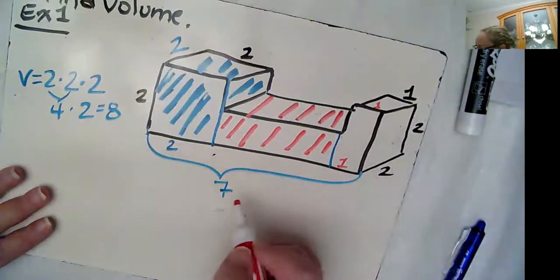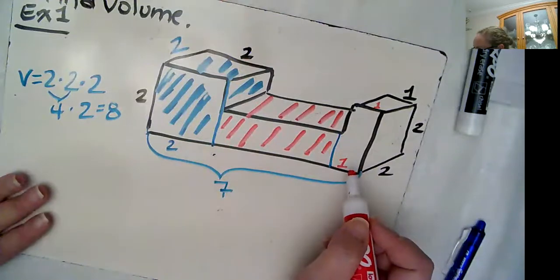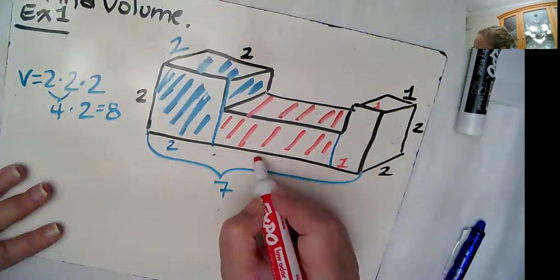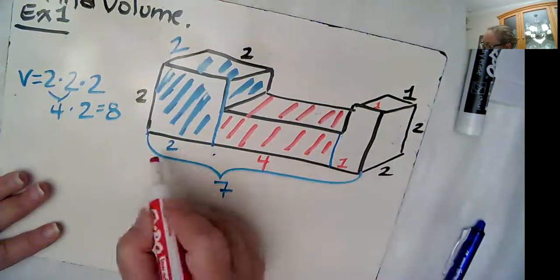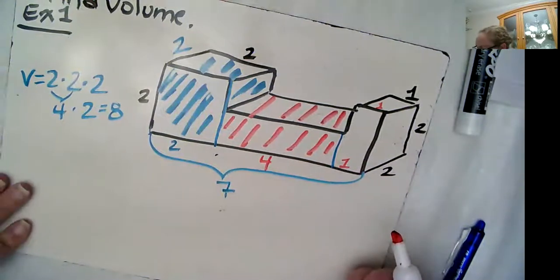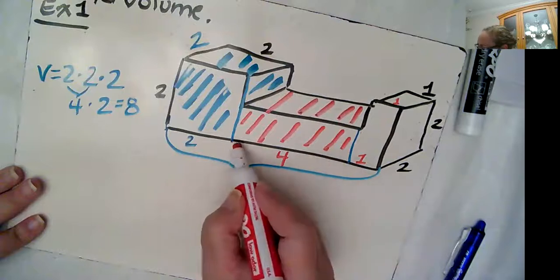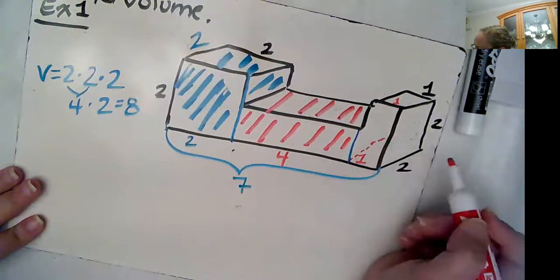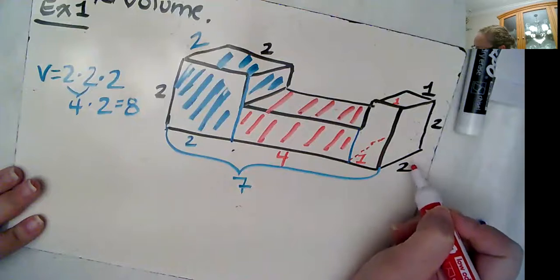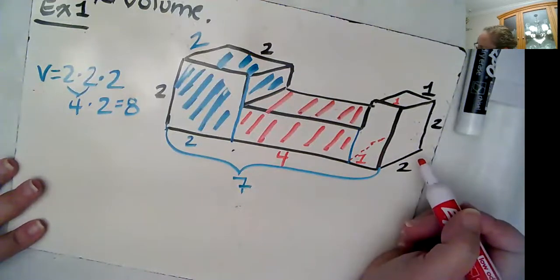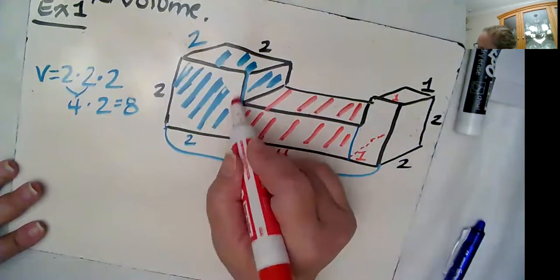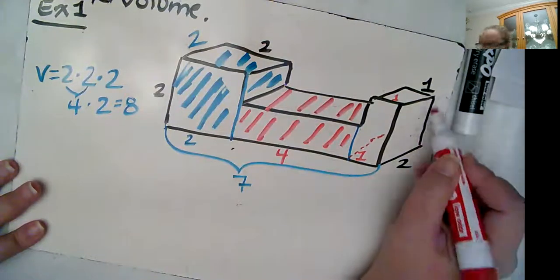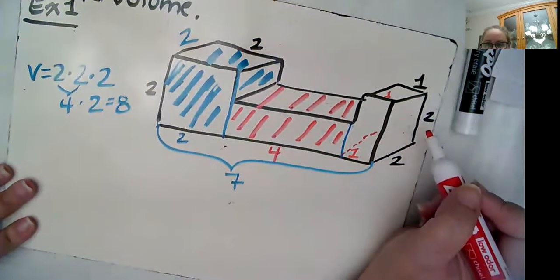So that means 7 minus 2 minus 1 is, oh my God, I blanked out, is 4, because all of it has to add up to 7. So now we have this width. We need the depth, which is the same as 2. And then we need the height. Well, the height is 2 also.